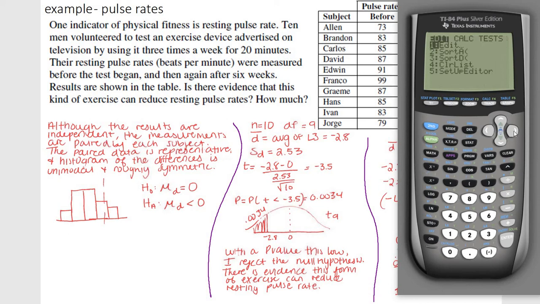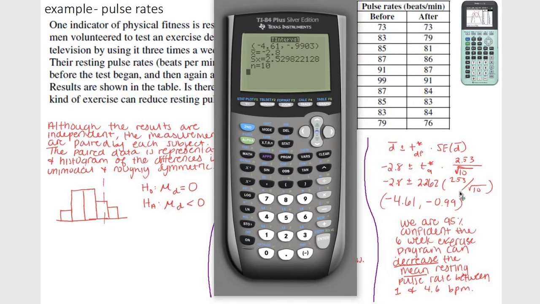Must have double clicked. Stat tests, we want to do an interval, so a t interval. Use your data from list 3 and a 95% confidence interval. And we check. Notice that's the same thing. So you can either do it by hand with the formula or using your calculator. And then make sure you write your sentence, right, in context. That's important.